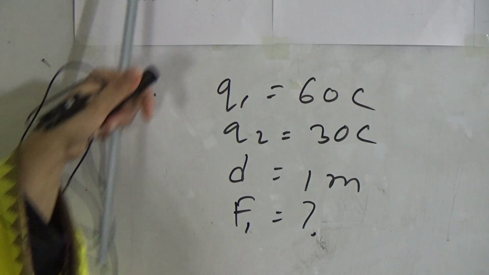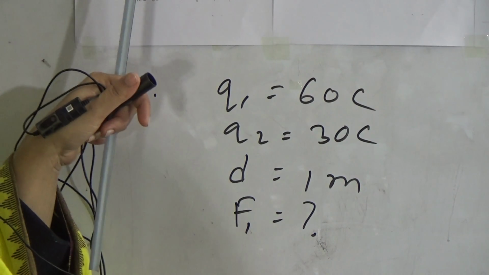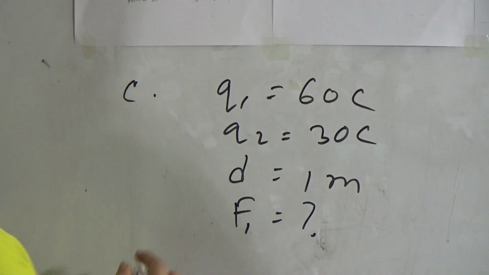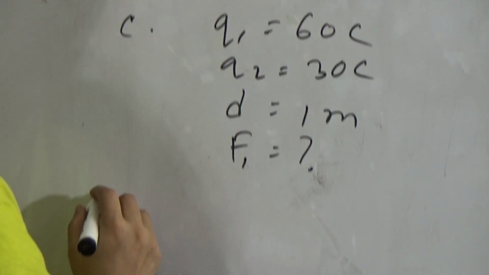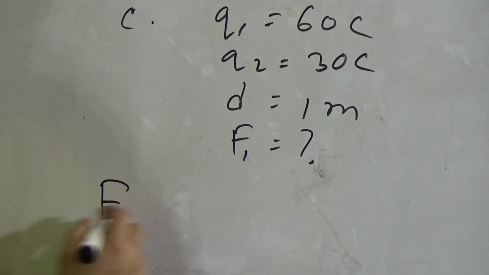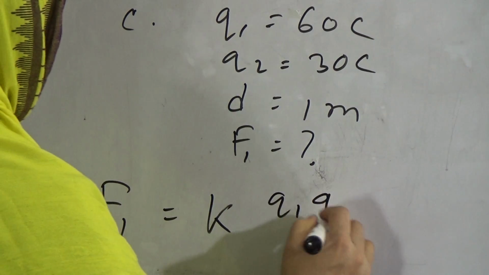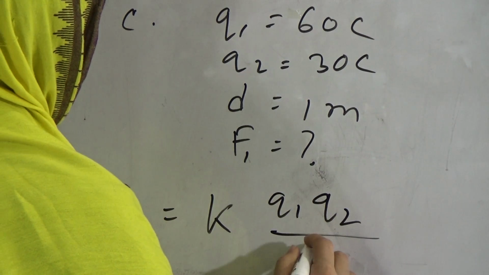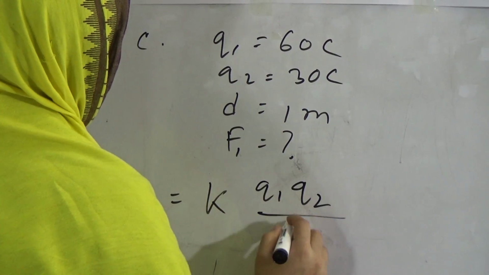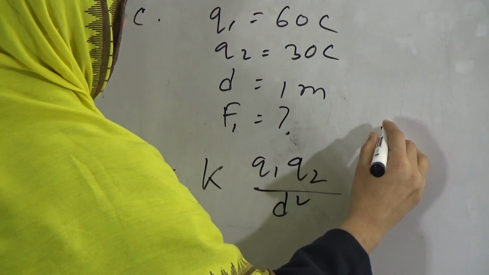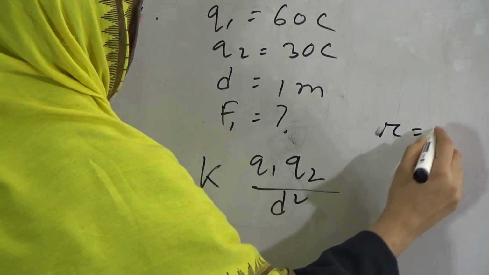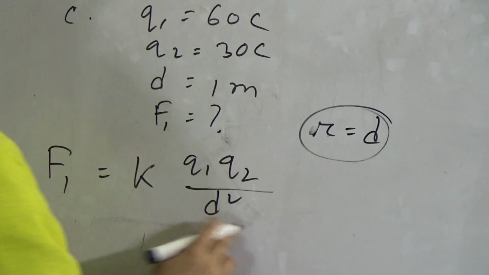Here 2 charges and a distance are given. So from Coulomb's law, we can write. We know Coulomb's law: F1 equals K Q1 Q2 divided by R square or D square. Okay, R or D, you can write both the same.